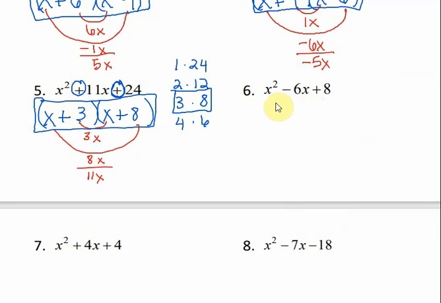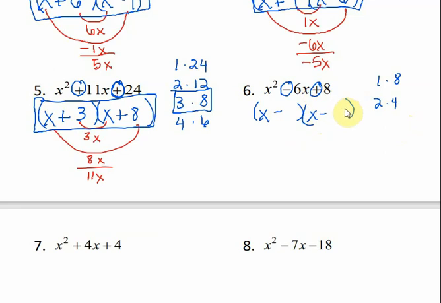All right, here, 2 sets of parentheses, x and x. My signs are the same, and they're both negative. So for 8, we have the factors of 1 and 8, or 2 and 4. Okay, so I'm adding again.